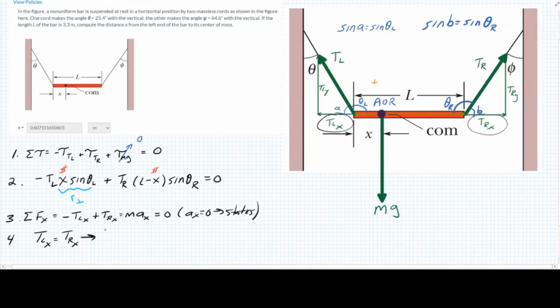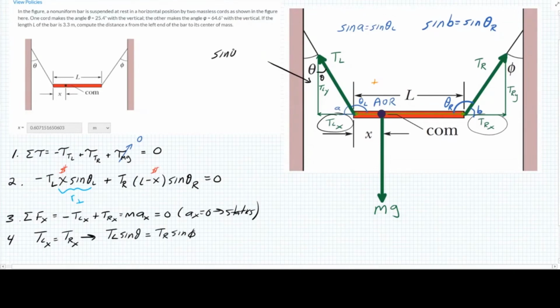All right, here's TLX. TLX is TL cos theta, right? No, sine theta. Got it. Equals TRX. TRX is TR sine phi. Let me just check this. Let me just do my triangle thing. Over here, for this triangle right here, and this is theta.